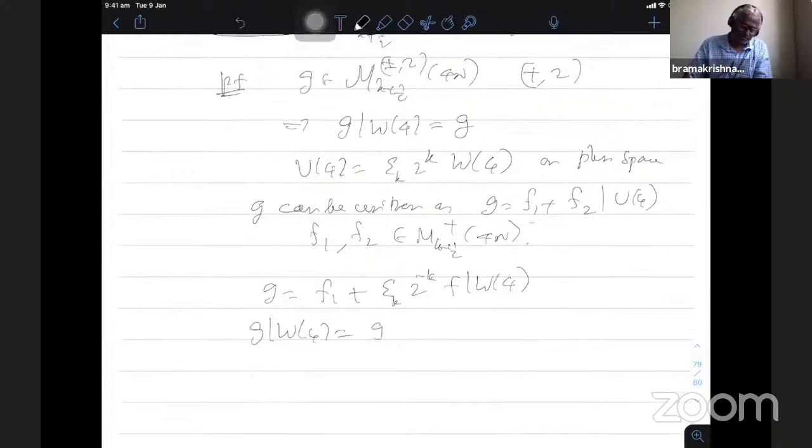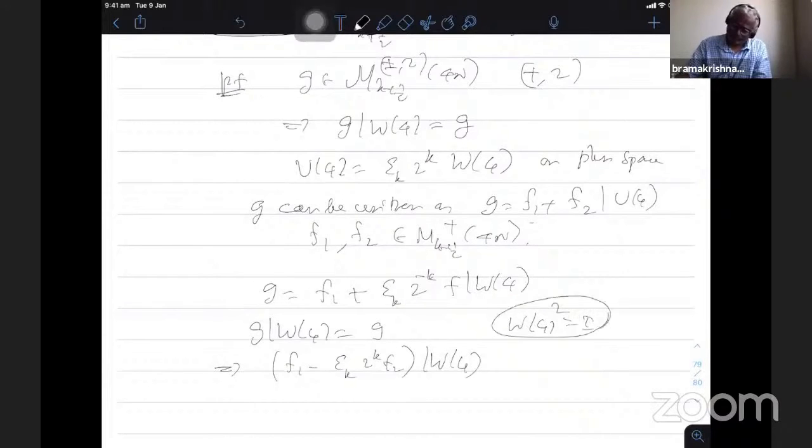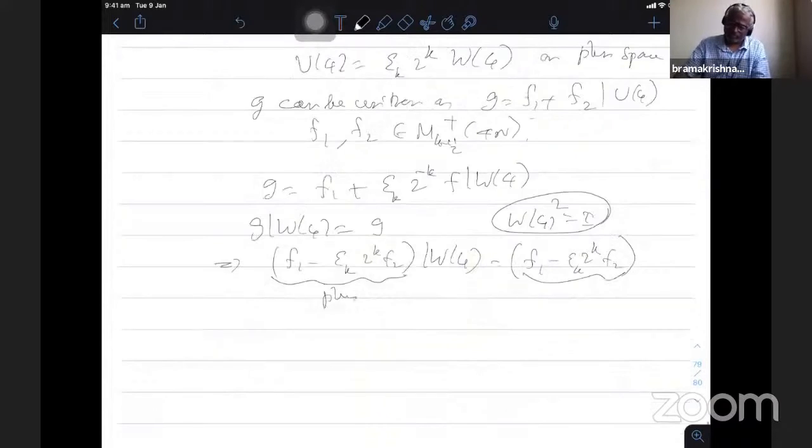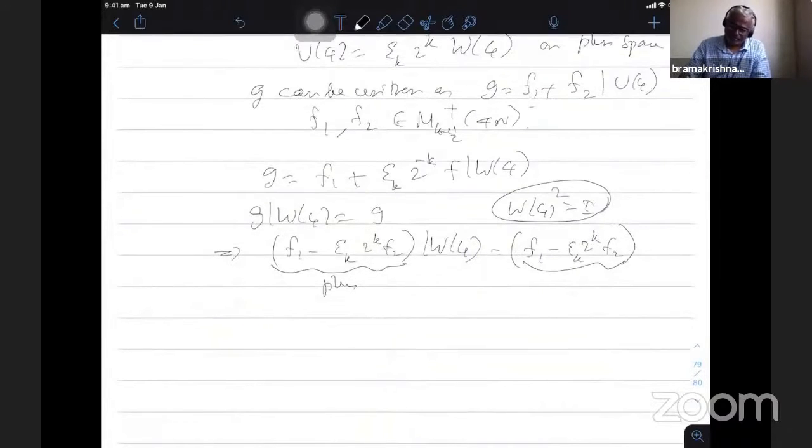This implies we have F1 minus epsilon_k 2^k F2 bar W4. After simplification, using W4 squared is the identity, this is equal to F1 minus epsilon_k 2^k F2. So this is an element in the plus space, the same function here. So this equality tells you that an element in the plus space is an eigenfunction under W4.